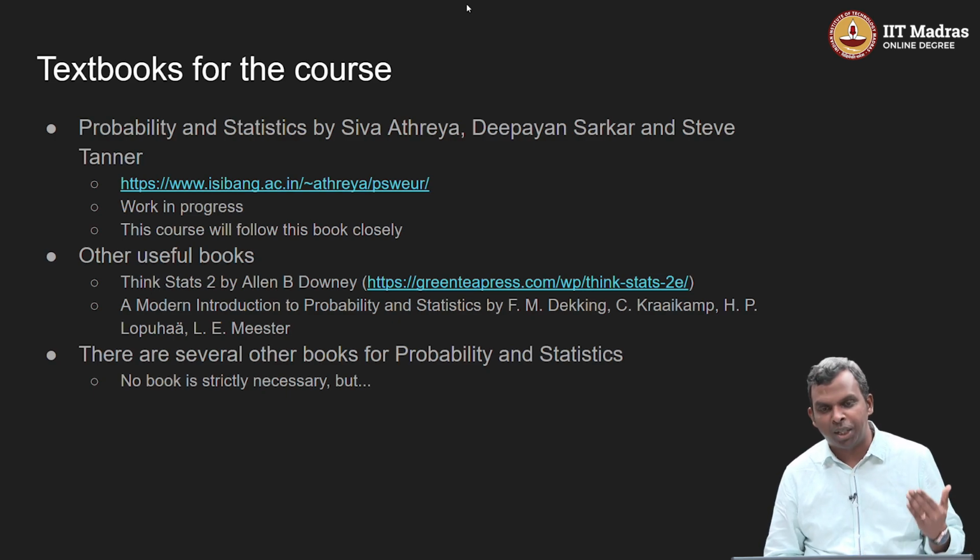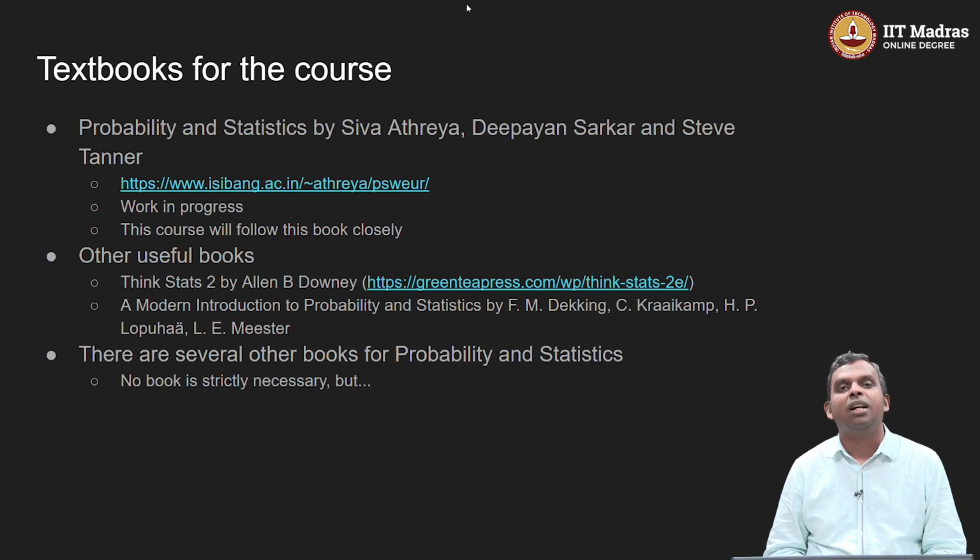You don't have to do any programming on your own. But what computer simulations allow you to do is to see in action what we are writing down as equations in theory. So quite often it's useful to imagine what's going to happen when you do a computer simulation. So we will do that quite often in this class. A book like Think Stats 2 is quite useful. It's also available for free download, so you can use it without any cost.